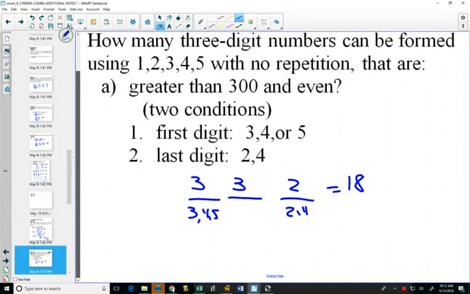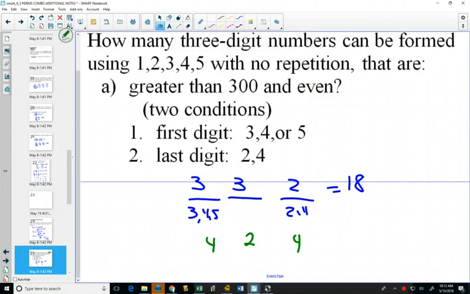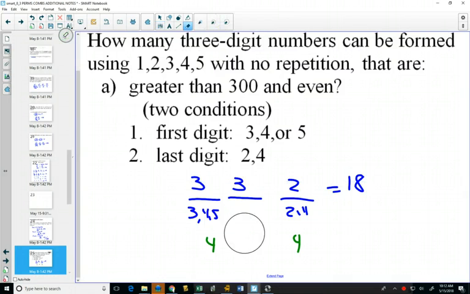Why does this cause us a problem? Well, if you were doing this up on the whiteboards, I would say, well, in 3, 4, 5, let's say I chose the 4, and then here I chose the 4, and then here I chose whatever's left. Maybe I choose the 1 then. What's the problem with this number? It says no repetition, but we have the 4 twice.